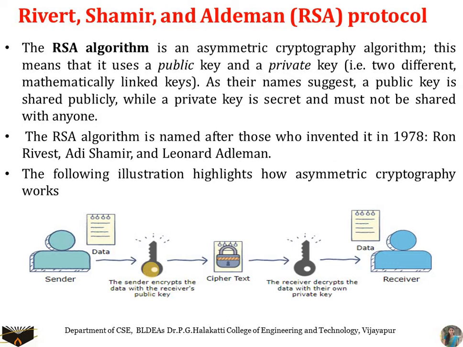Other keys are not possible to use. After decrypting it, they get back the original data which was sent by the sender. So this is how the RSA protocol works, with two different keys at the two different ends, one at the sender and one at the receiver side.